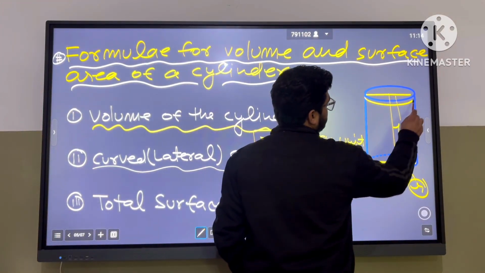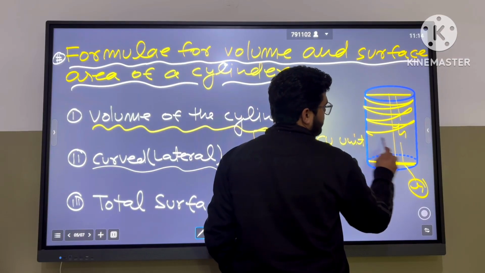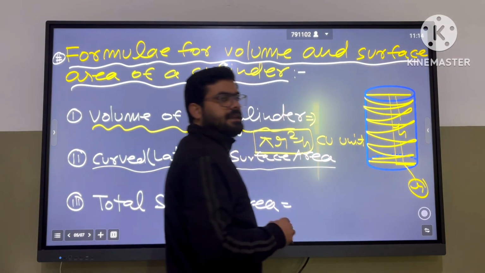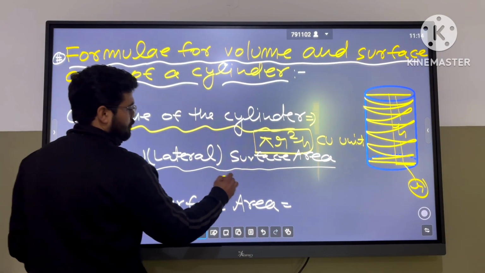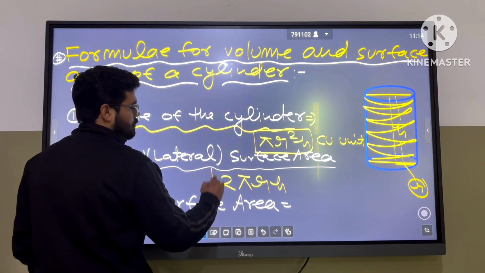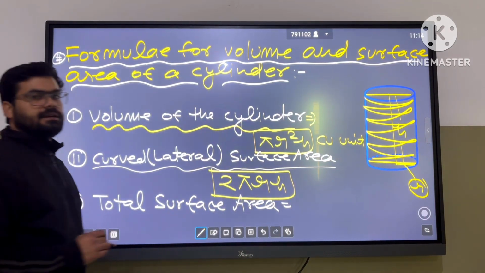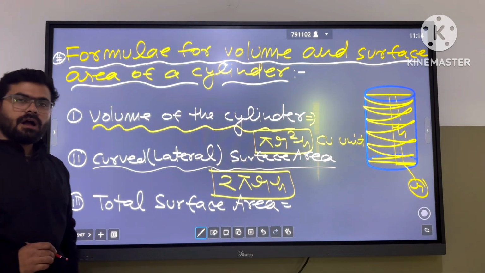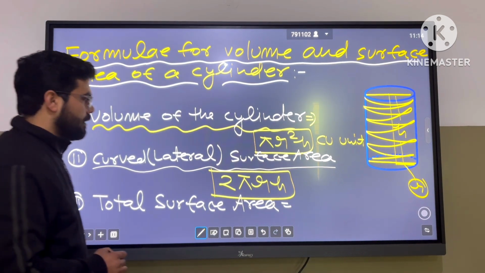What is the area of this surface? It is 2 pi r h. The curved surface area of the cylinder is 2 pi r h.